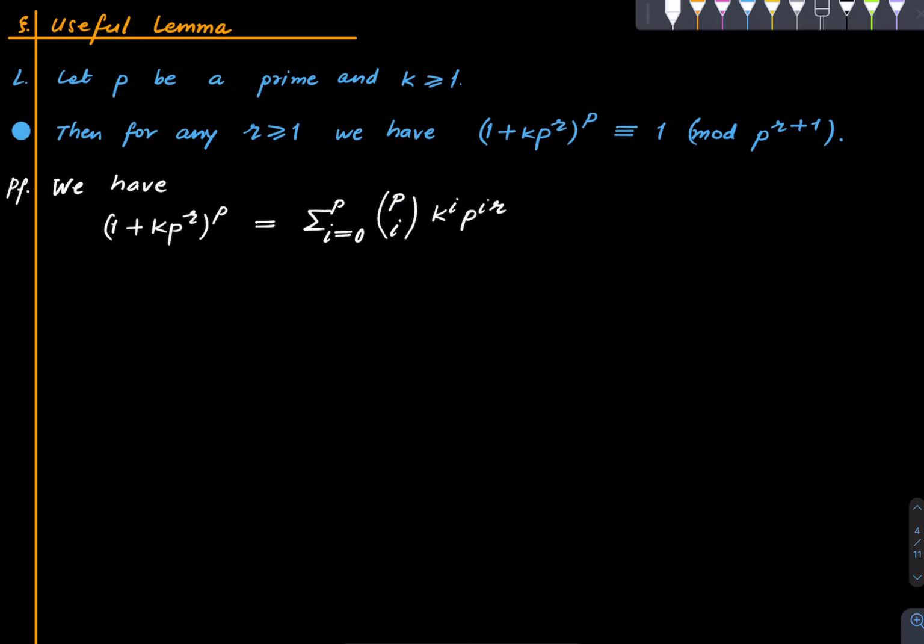So we have that, and now the first term of this series is 1. The second term is p times k to the 1 times p to the r, and the remaining terms are collected here.